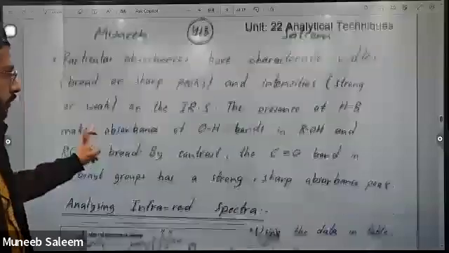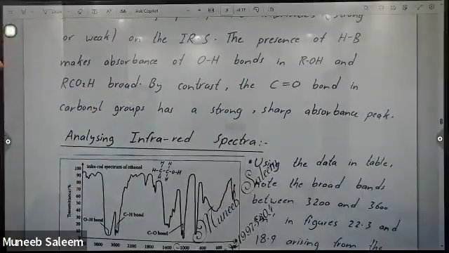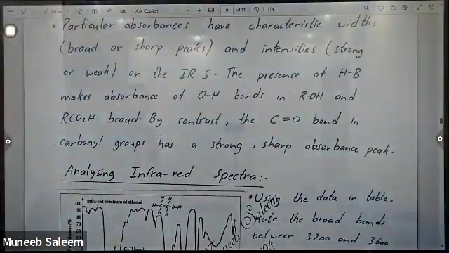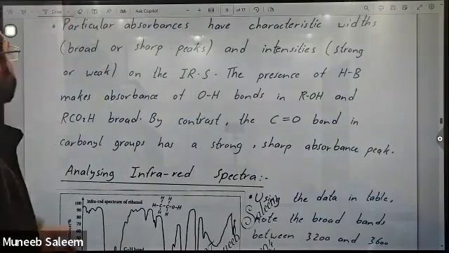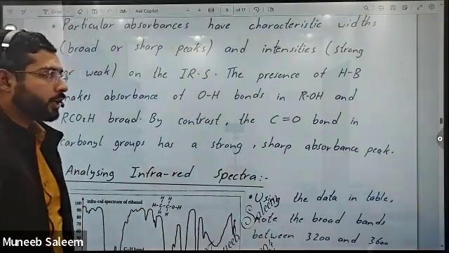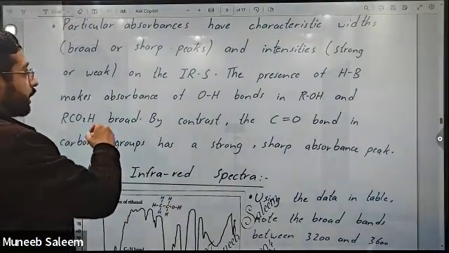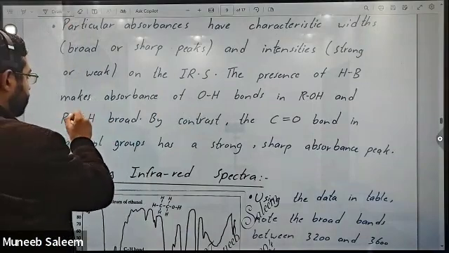Now we have this spectra over here. One more thing, the presence of the hydrogen bond makes the absorbance of the OH bonds in alcohol and carboxylic acid broad. So you will see that the IR spectrum of alcohols and carboxylic acids would include a very broad band, and the range is around 3300 to 3500 per centimeter.